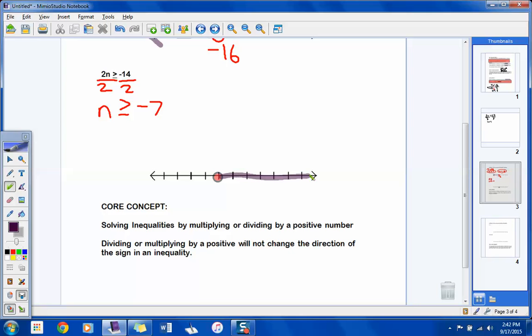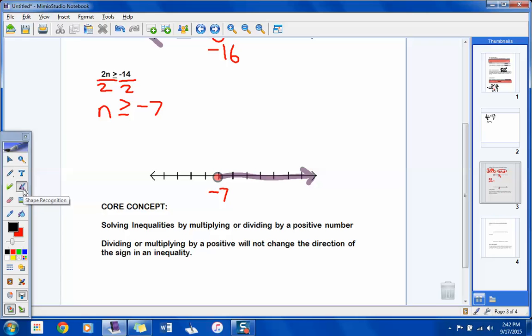Guys, there's one thing I forgot to do with this graph. What is it? Label it. So what value do you want to reference there, Ben? Negative 7. Very good. So if the process is to multiply or divide by a positive number, do you switch the inequality sign or not? Stays the same, right?